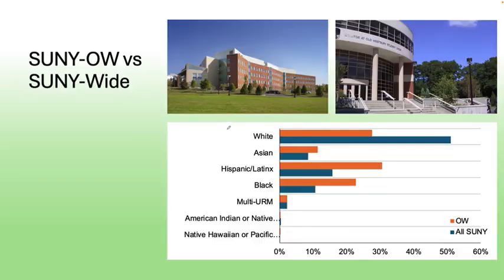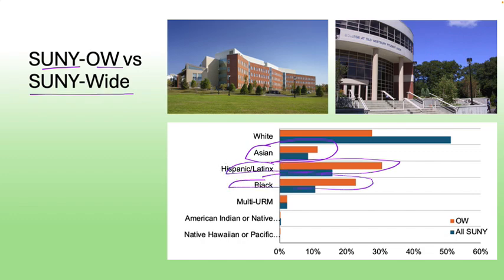Very briefly, I'm going to give you the demographics of the State University of New York at Old Westbury, or SUNY Old Westbury for short, in comparison to the SUNY-wide system. As you can see, the orange bars are our campus, the blue bars are all of SUNY, and if you notice here, the majority of our students are actually made up of minorities.